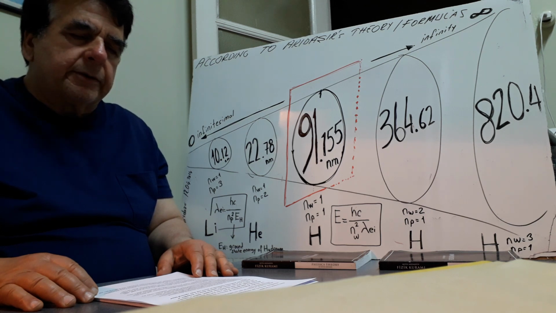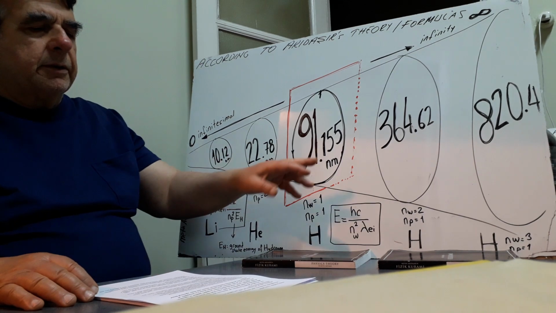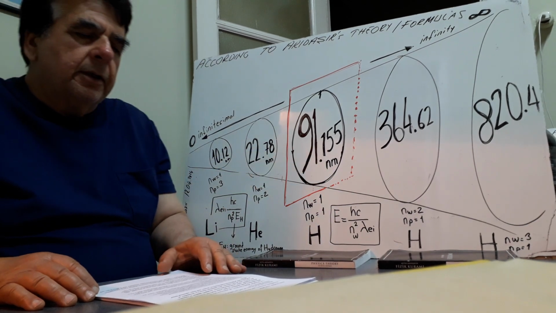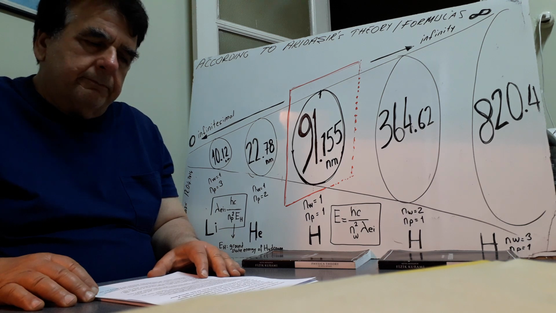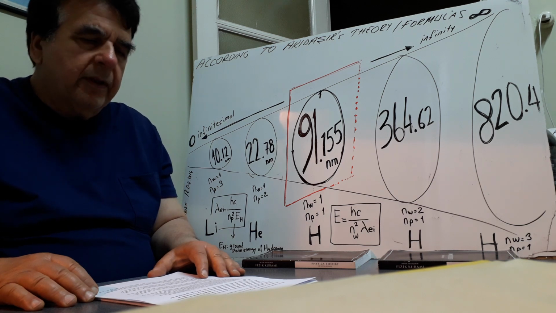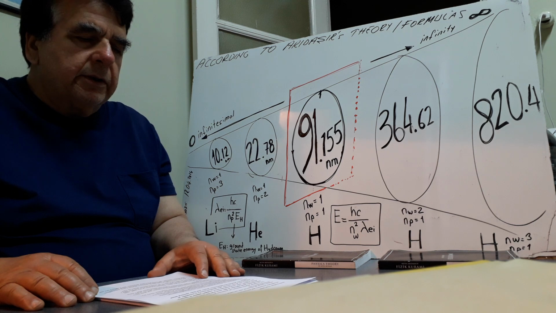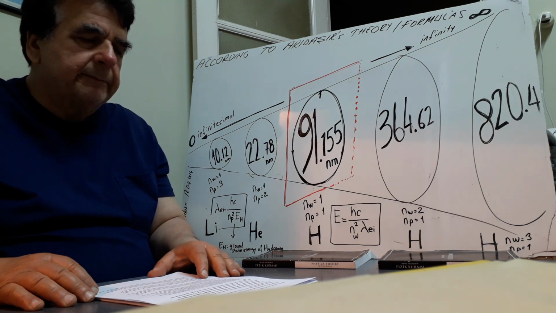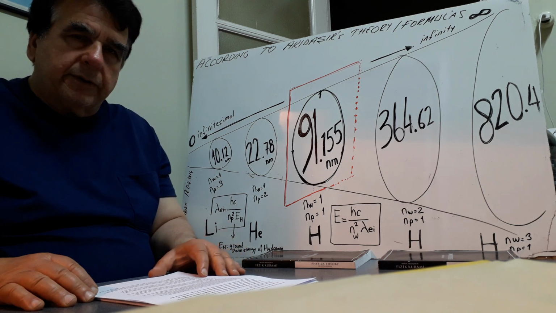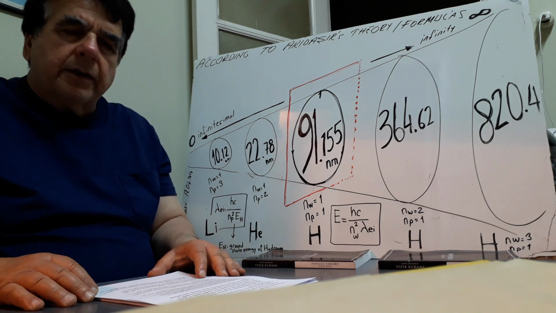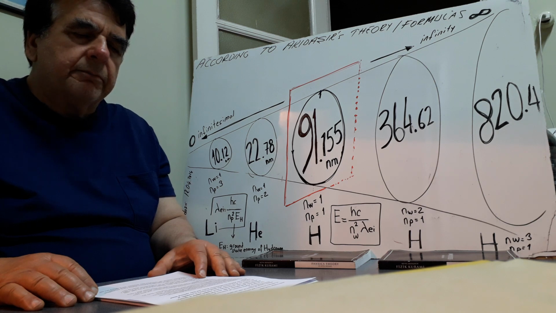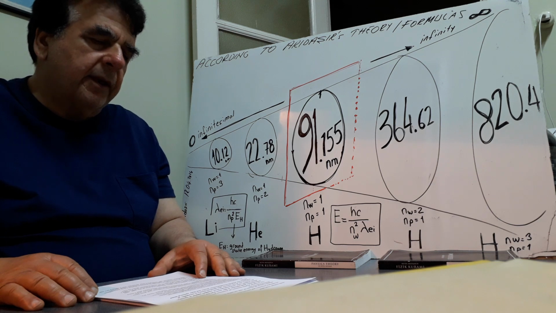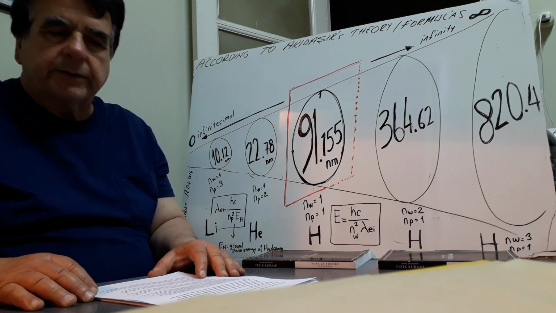Most common electron motion forms are those with 91.155 nanometer. Don't forget, each type of electron with different wavelength has corresponding different initial mass, frequency, energy, etc. They have inner adiabatic mediums. They are unique light sources.